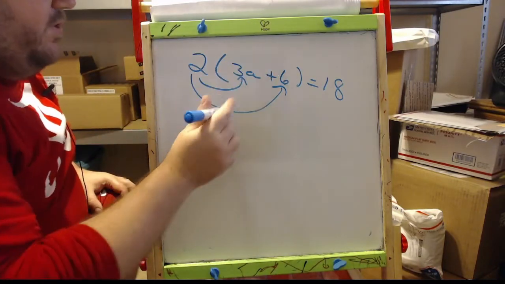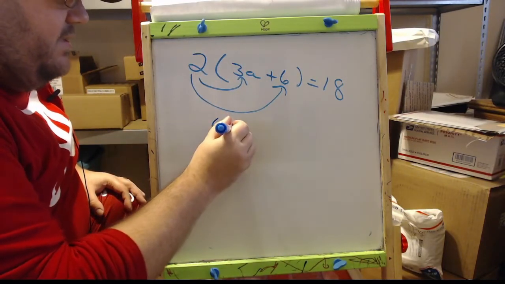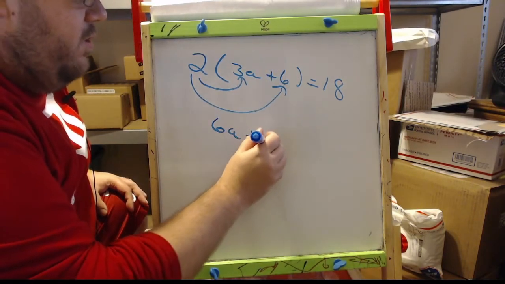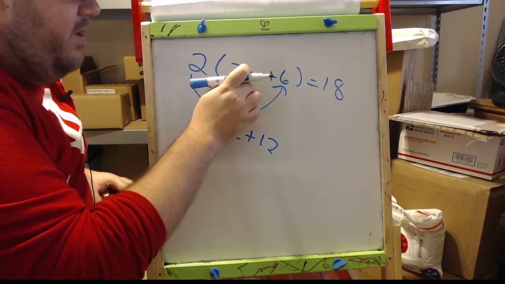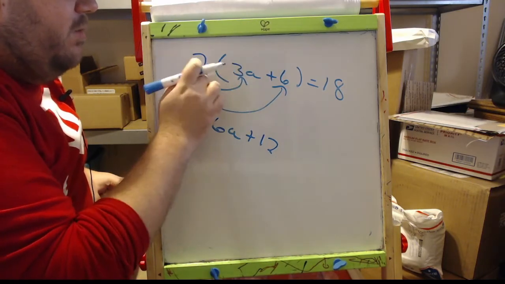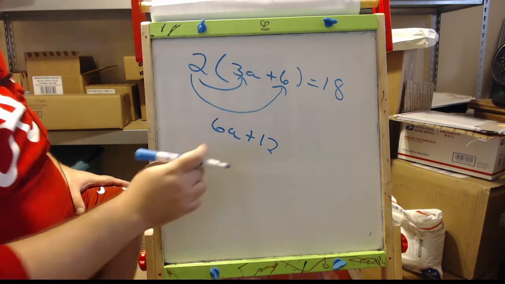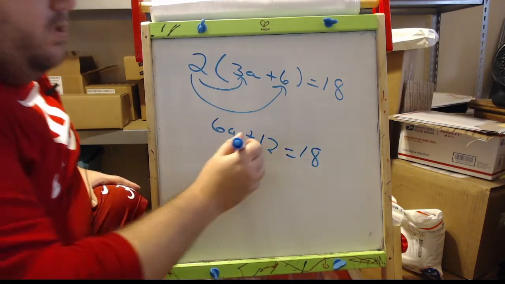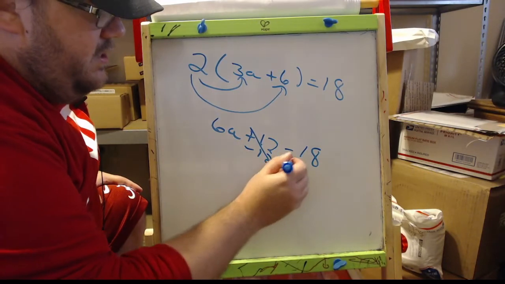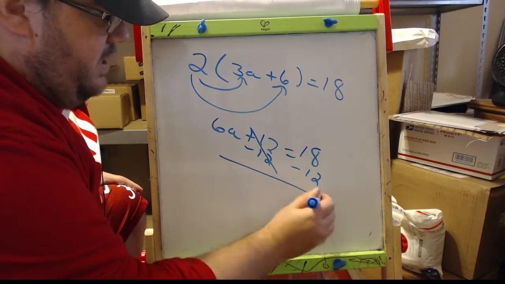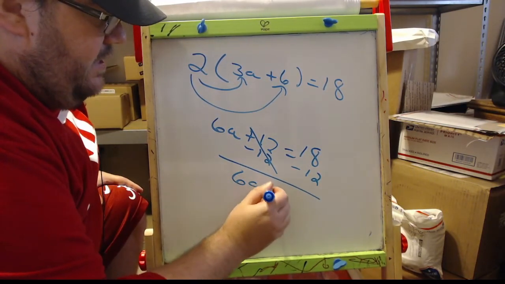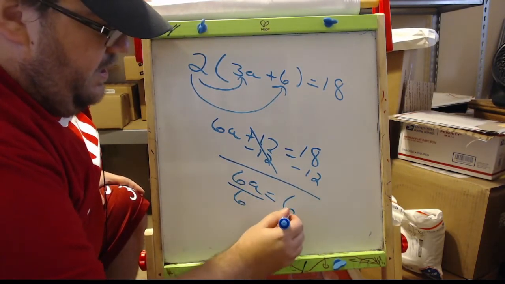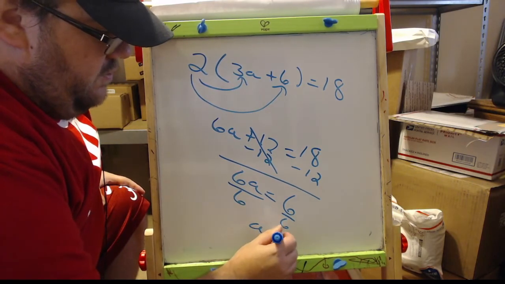So 2 times 3a, 2 times 3 is 6, and we bring the a. 2 times 6 is 12. If I'm multiplying a whole number by a variable term, I just multiply the two numbers in front. Equals 18. Now, what do I do? Subtract 12 from each side. 6a equals 6. Isolate the a: a equals 1.